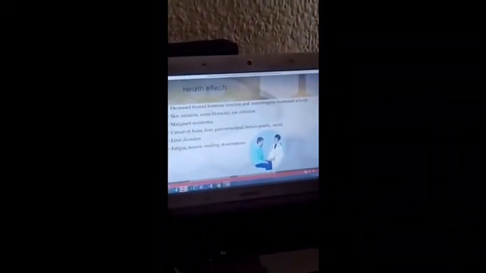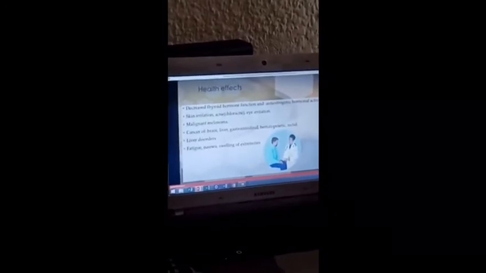Also malignant melanoma, cancer of the brain, liver, rectum, hematopoietic system, liver disorders, fatigue, nausea, and swelling of the extremities.